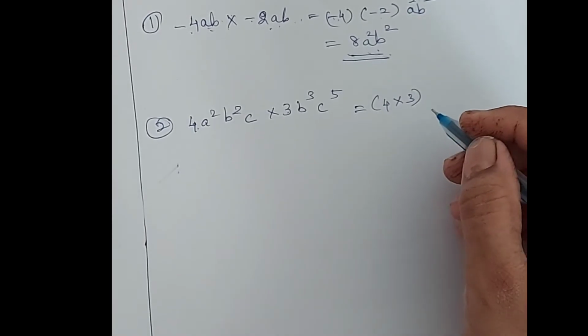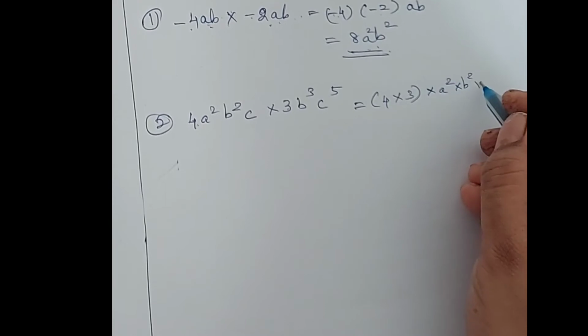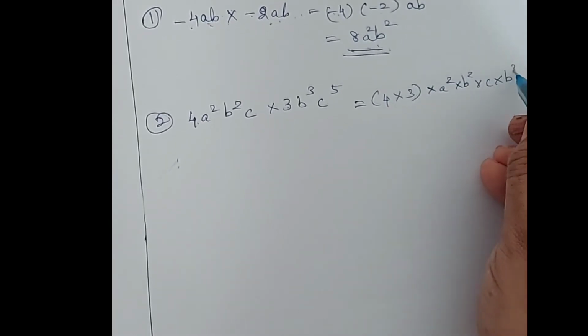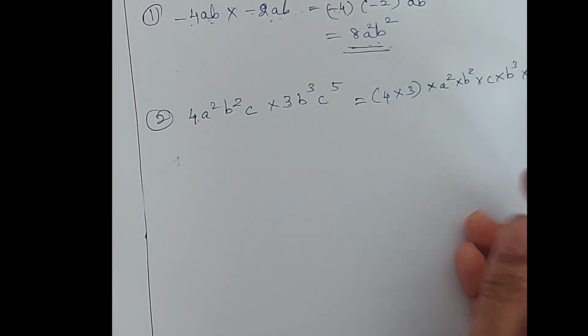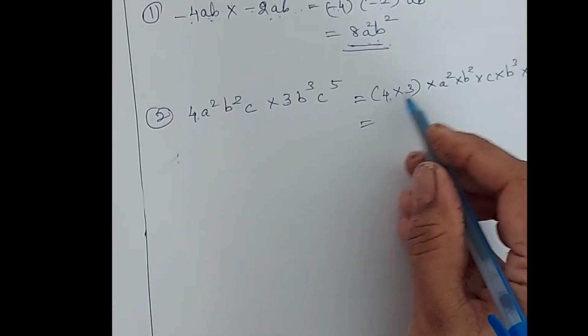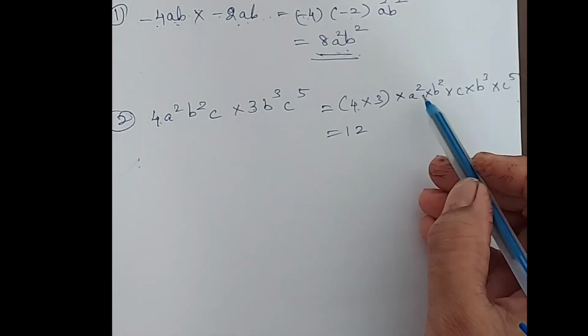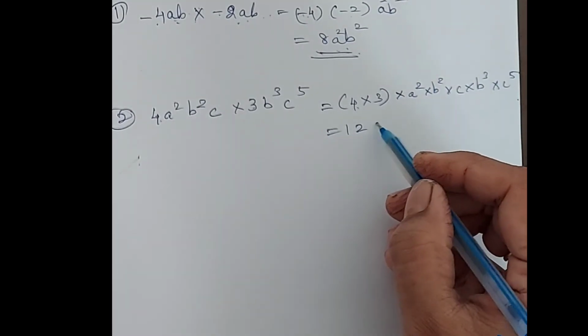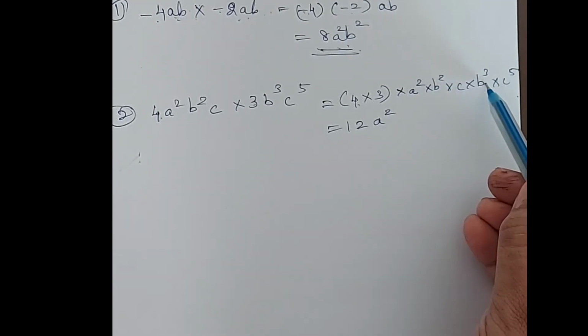And after that we will multiply a squared into b squared into c into b cube into c power 5. Like this we have to multiply all the algebraic parts. So 4 into 3 you will get 12 as the coefficient, and a squared is only a single term.